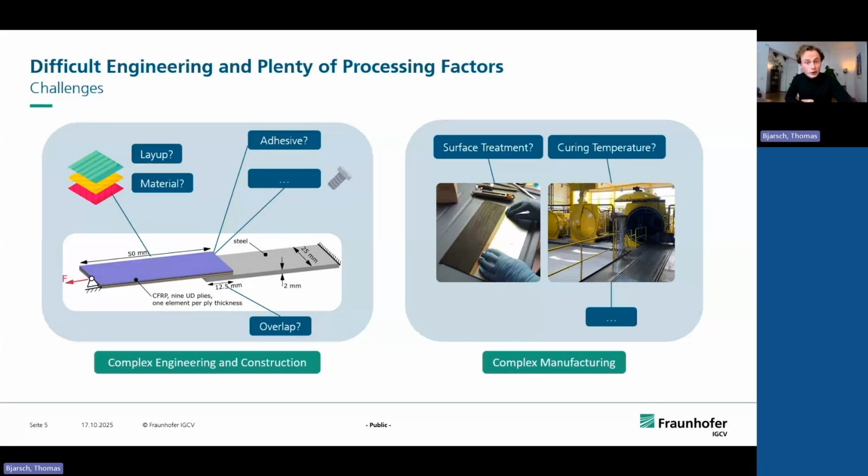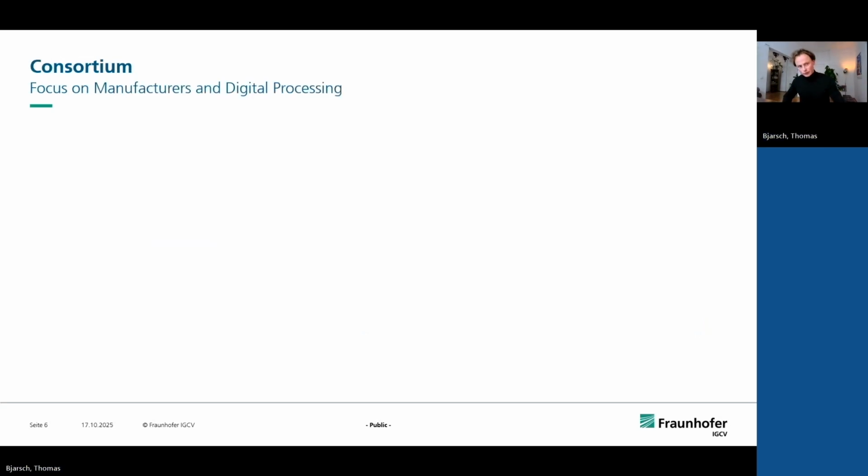You put it into an autoclave, so like a pressurized oven. There you need to set the temperature, the pressure, and so on. And also here you have a lot of influencing factors on your final product, which you have to be aware of, to consider them.